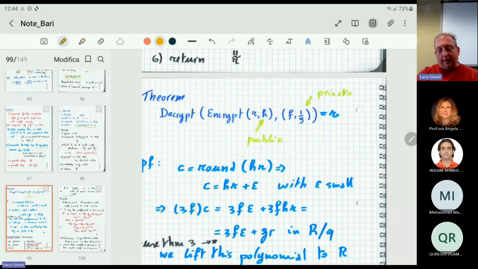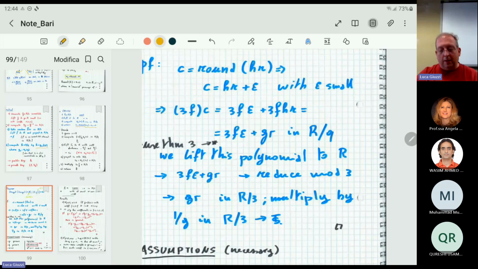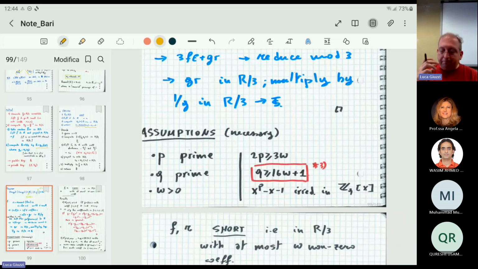To prove that the decryption works is not, as I was saying before, immediate, because formally, what we do, as you can see here, is just some sort of elementary transformations. But there are some assumptions which are needed in order to be sure that we are not losing information with all of these modular reductions and the like.